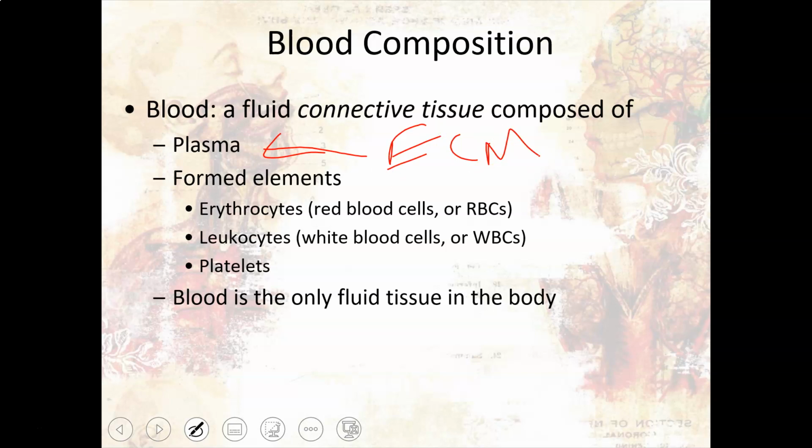So this is that ground substance and proteins outside the cells. The formed elements are the cellular component of blood. Now, of these formed elements, only white blood cells are intact cells. Red blood cells don't have a nucleus anymore, they're not intact cells. Platelets are just chunks of a bigger cell. Like I said, blood is the only fluid tissue in the body, but it is connective tissue.